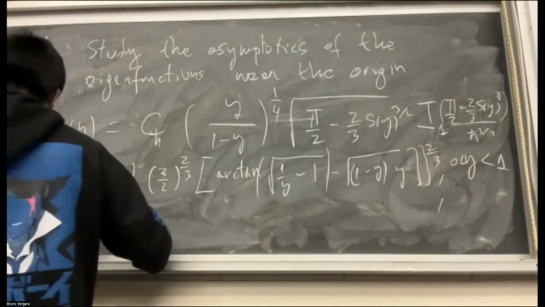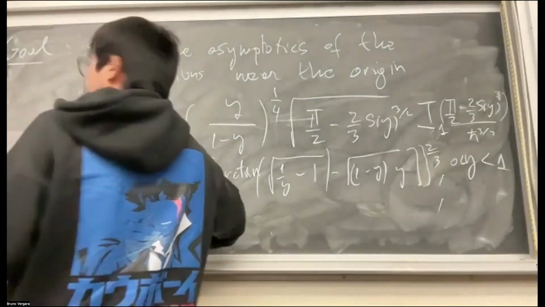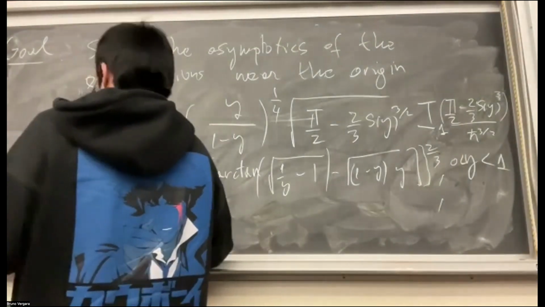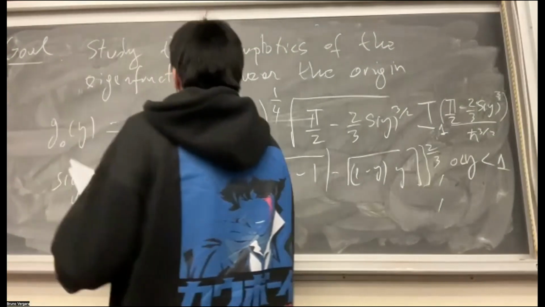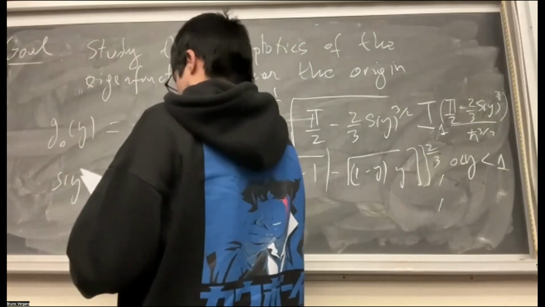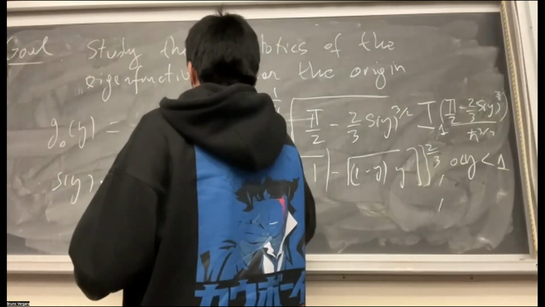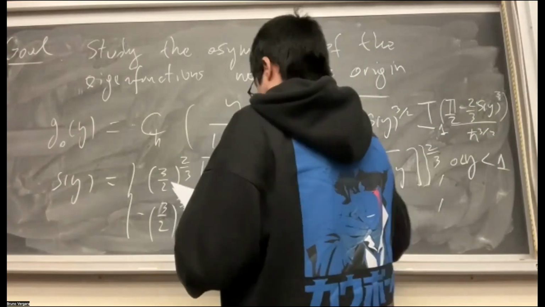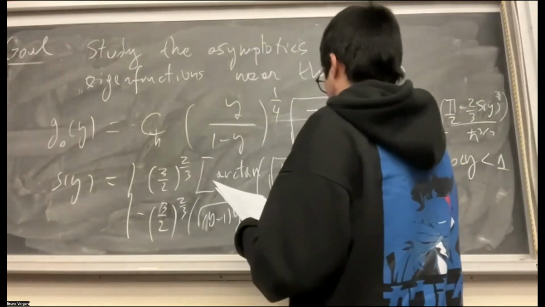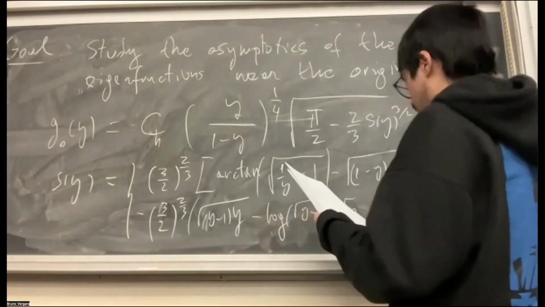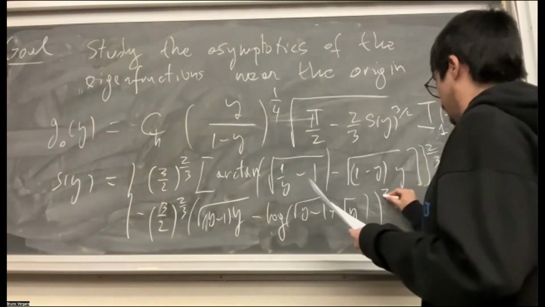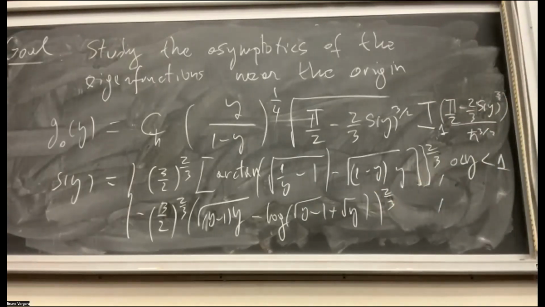Let me write this in case you want to compare with your work at the end. This is what we got. I'm going to show pictures of this, so maybe we just need to wait a little bit to see how it looks, but you can think that this is my S function.